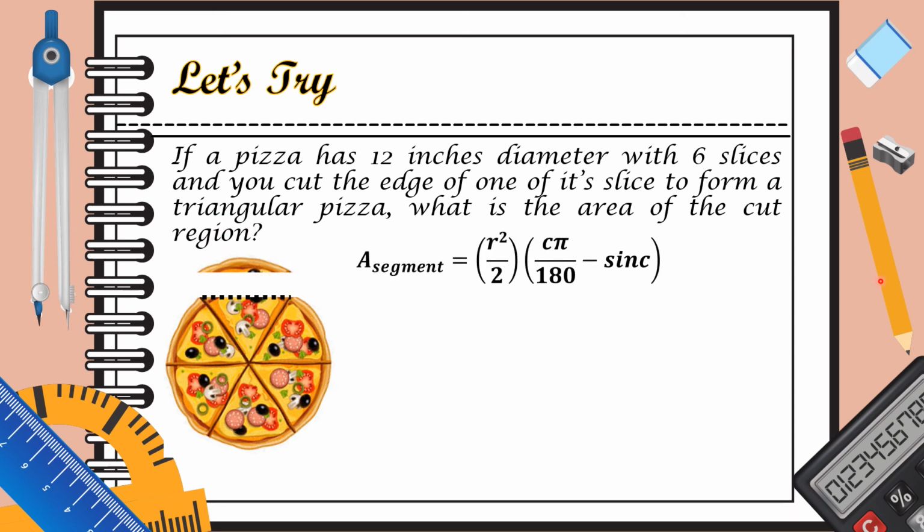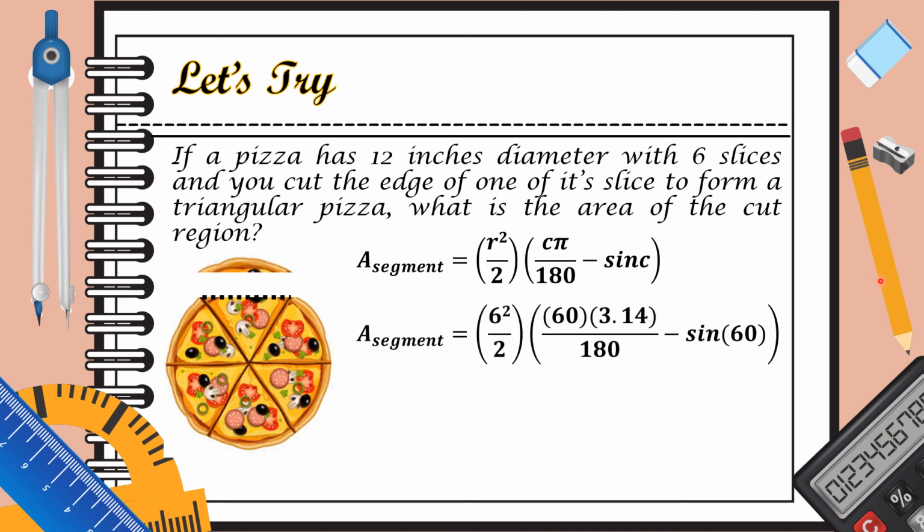So, ang formula natin is area of the segment is equal to r squared divided by 2 times the quantity C times pi divided by 180 minus sine C. So, substitute natin yung value. Yung ating radius is 6 squared divided by 2 times yung ating degree ng ating pizza is 60. Then, yung pi natin is 3.14 divided by 180 minus sine 60.